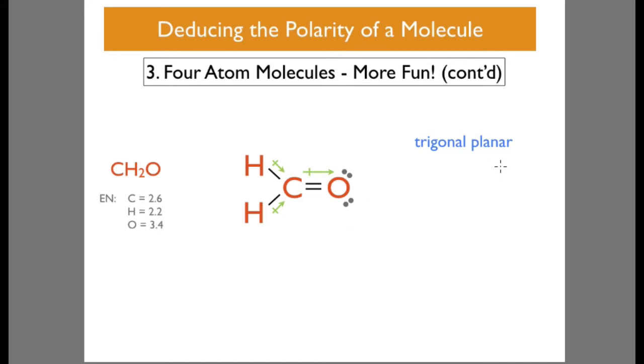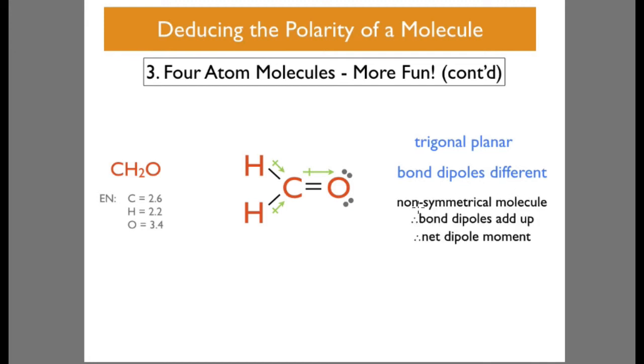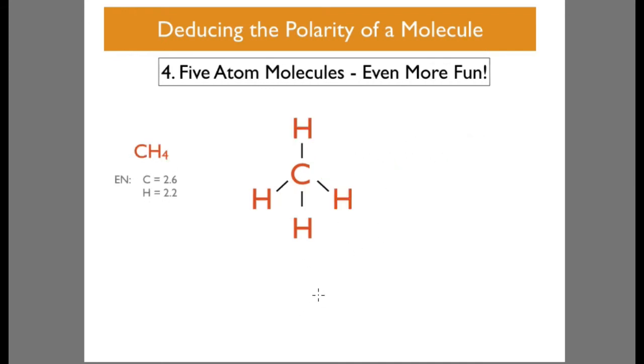So, trigonal planar. Bond dipoles are different, and it's a non-symmetrical molecule. The bond dipoles are adding up, they're all facing in the same direction. So therefore, there is a net dipole moment, and we have a polar molecule. The positive dipoles will be on the hydrogen atoms, and the negative dipole by the oxygen.